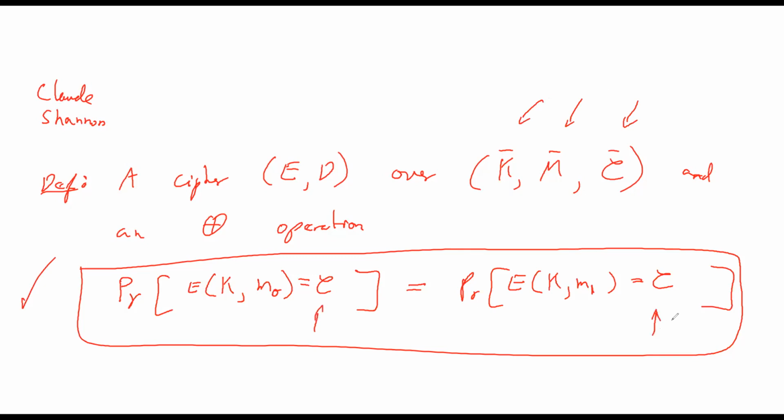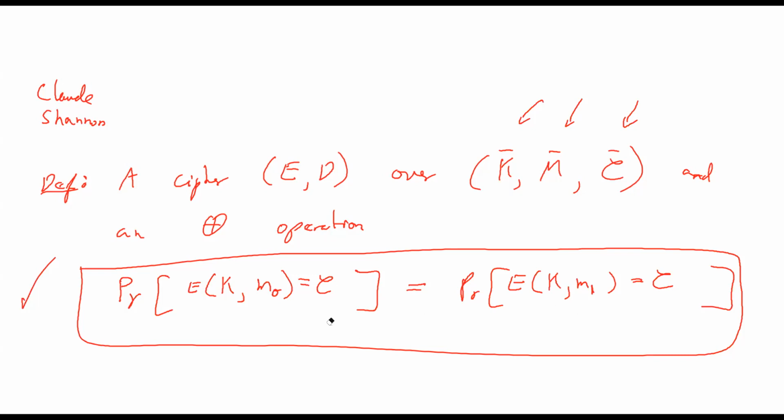If we intercept the cipher, which is the only thing that the person trying to intercept it should get access to, and they know the encryption algorithm, they definitely don't have the key. Given the cipher, we should get no information about M0 or M1.